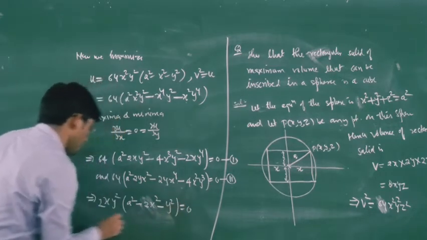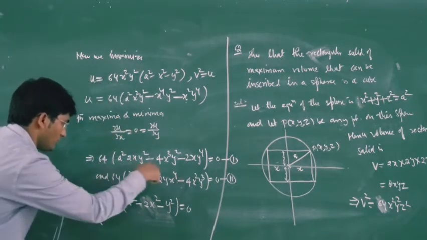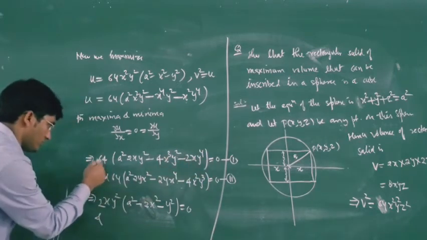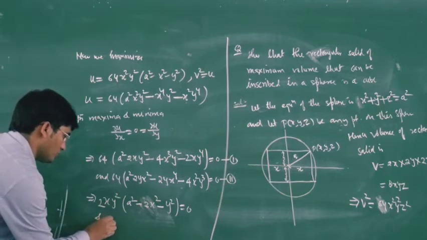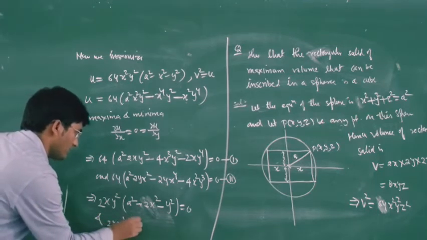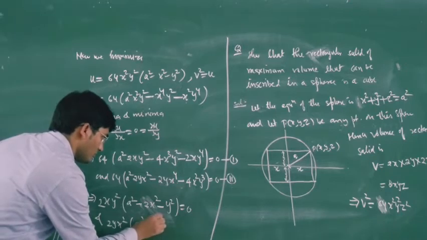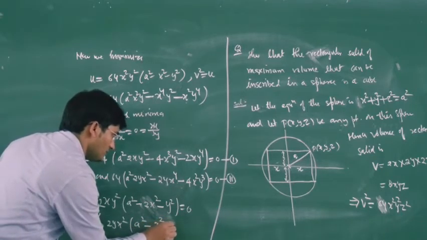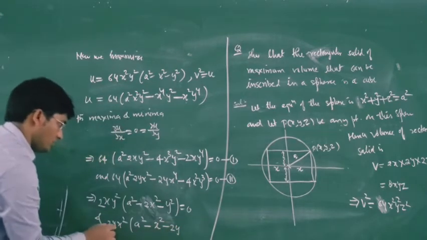This is equal to 0. And here we will have 64, we have removed 64, so here we will have 2yx square, then in the bracket we will have a square minus x square minus 2y square.